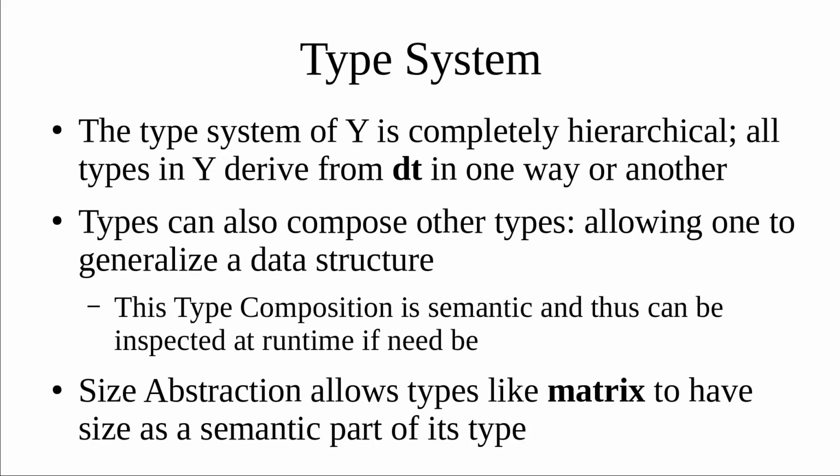But going on, so the type system. I've created quite a complex type system for Y. So first things first, all the types in Y are in a hierarchy. The highest type, or root type, in Y is DT.